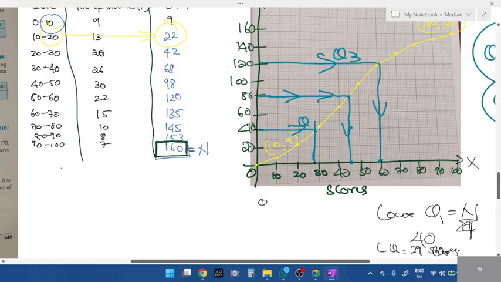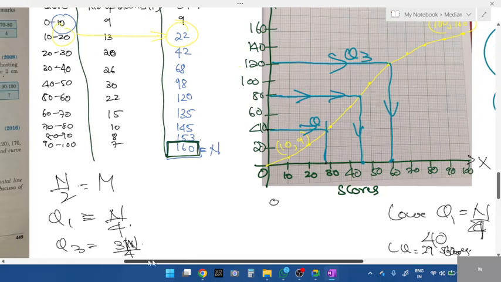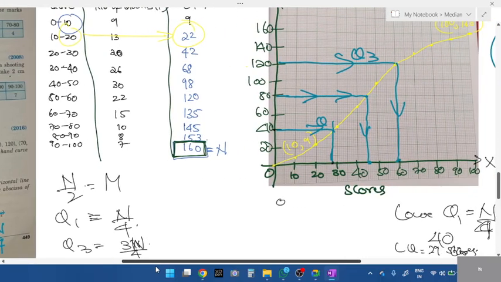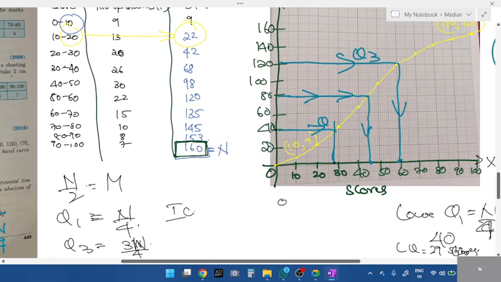In total, there are 5 types of question. One is median, that is n divided by 2. Next, Q1. Q1 formula is n by 4. Next, we have Q3, upper quartile, 3n divided by 4. Next, we have the interquartile range, Q3 minus Q1.